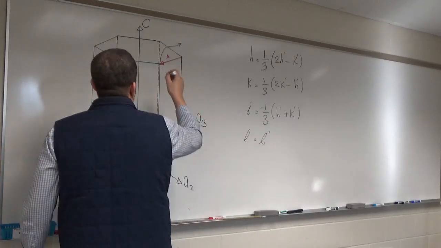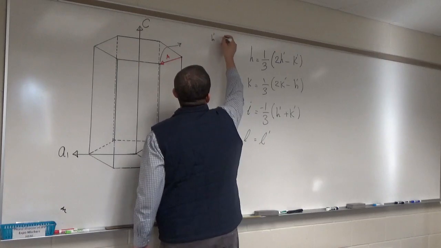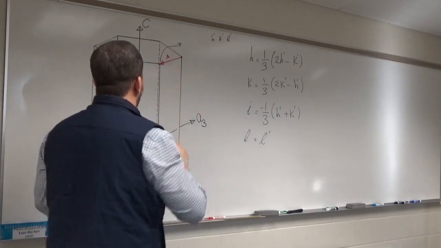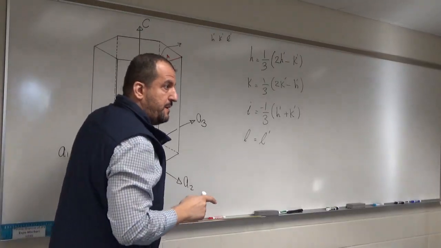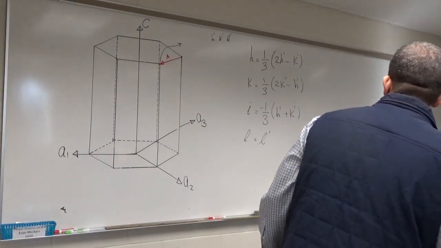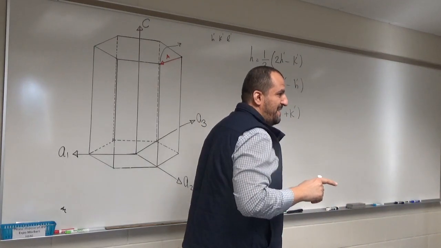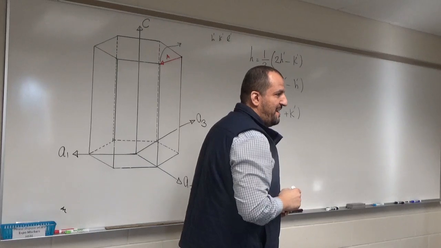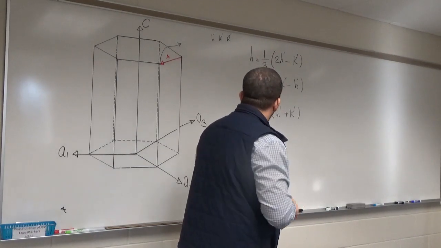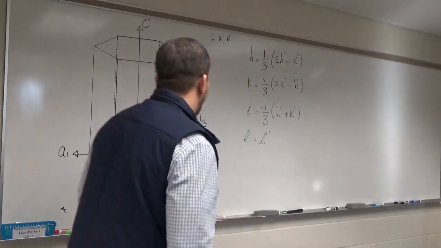Here I will try to figure out h prime, k prime, and l prime as Miller indices for this. Yes, I think it's minus 1/2 for this one, right? Oh no, it's 1/3. It is 1/3. That's fine.